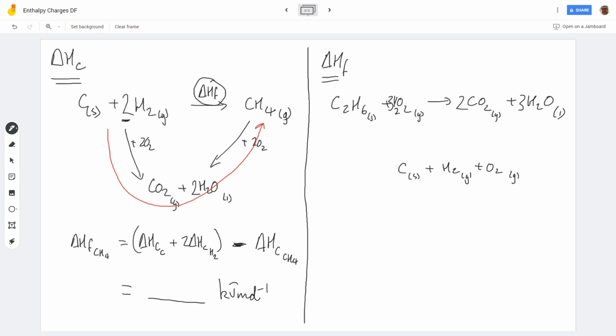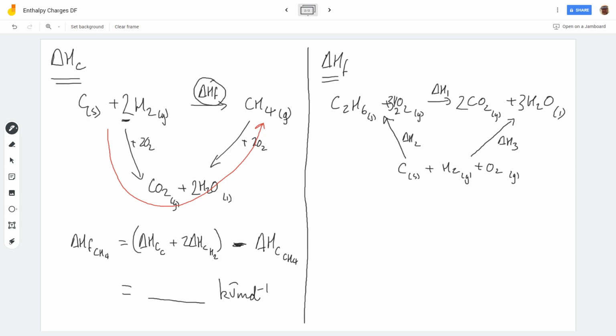So in this case, going from there to there is the enthalpy change of formation of all of the products, and going from there to there, that's the enthalpy change of formation of all of the reactants. So I label that delta H2, that's delta H3, and this one's going to be delta H1.